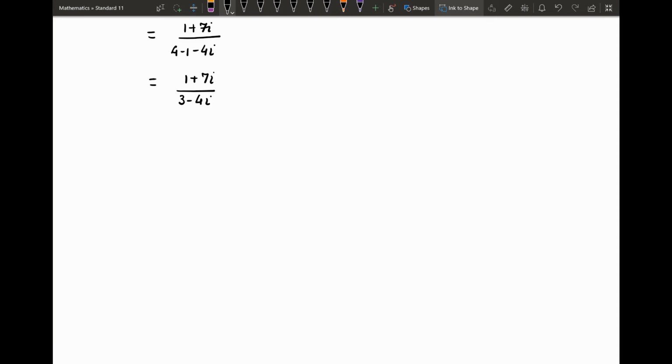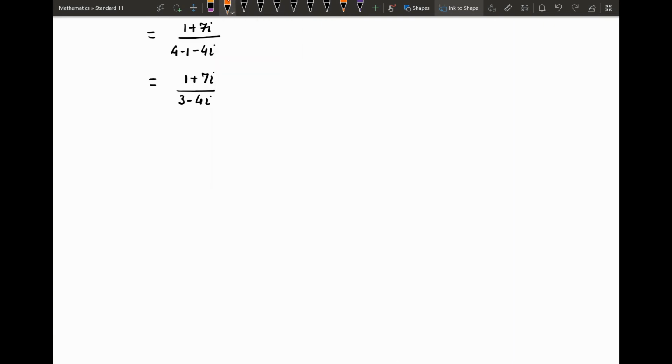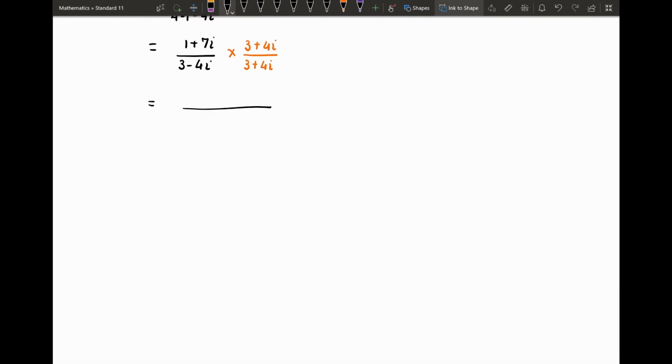Now again to reduce into a plus ib form we use the surd of the denominator, so multiply numerator and denominator by 3 plus 4i. So further simplification is, in the denominator x plus y into x minus y, that is x square minus y square form, so 9 minus 16i square.